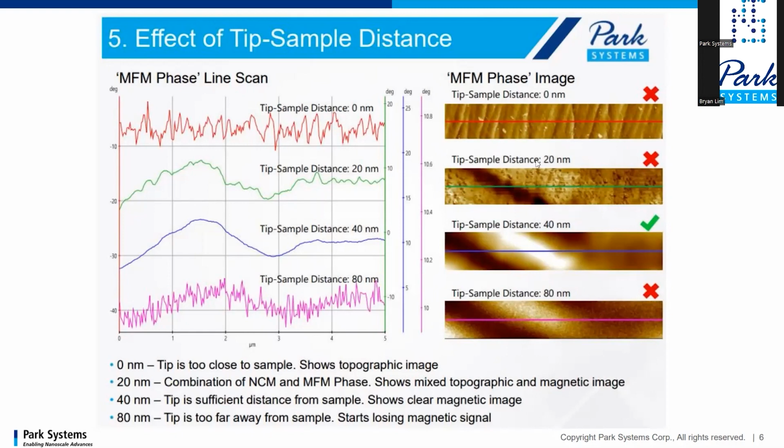But this is not what we want. What we want is the pure magnetic phase image. So we should lift to a height where we don't see any topographic effect on the phase channel. However, if you lift at a higher distance, you may also lose signal strength.